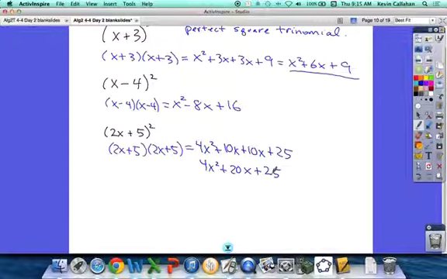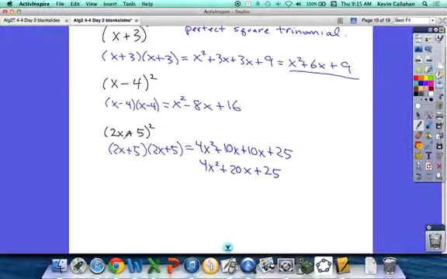But if you recognize 4x squared, 4 is a perfect square, that's 2 squared. And 25, 5 is a perfect square. By any chance, is the middle term 2 times 2 times 5, which would be 20? Yes, it is. If you recognize the pattern, then you just go right to that and you don't do the 6 steps. This is a perfect square trinomial.